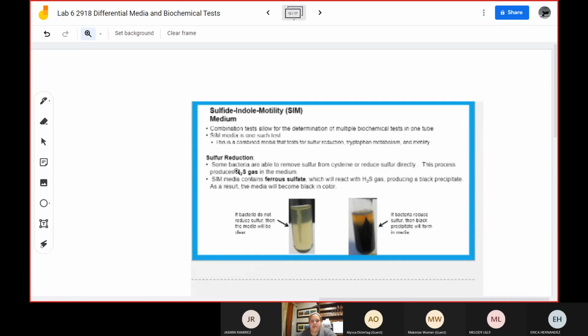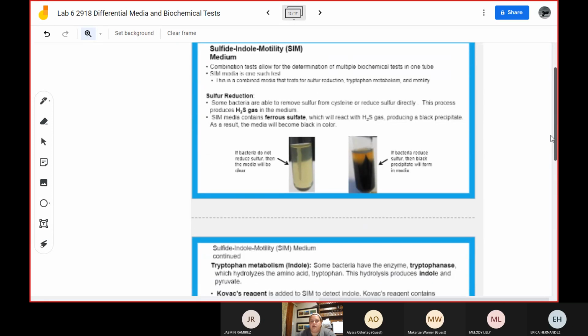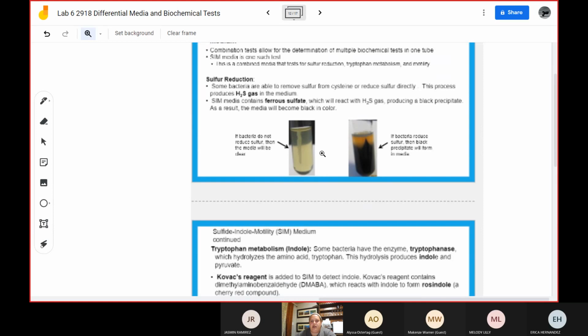So sulfur reduction: some bacteria can utilize sulfur from cysteine, which is one of your amino acids, or can reduce any sulfur that you add directly. And again, this is similar to your nitrate reduction. You can have a sulfate reduction in bacteria.